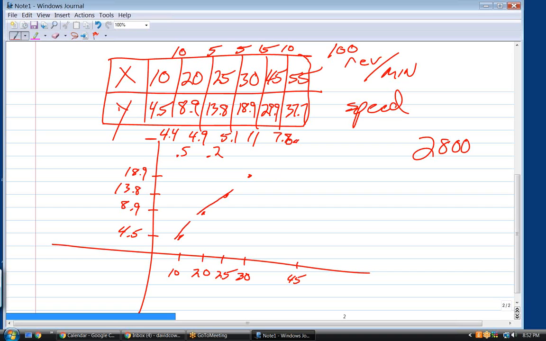If I connect those dots, now you're not doing linear regression, are you? I don't think so. Because this looks like a perfect thing to do a linear regression on. In other words, perhaps the way I've graphed it isn't quite right. You'll notice that my 25 needs to be a little closer to the 20 than it is.